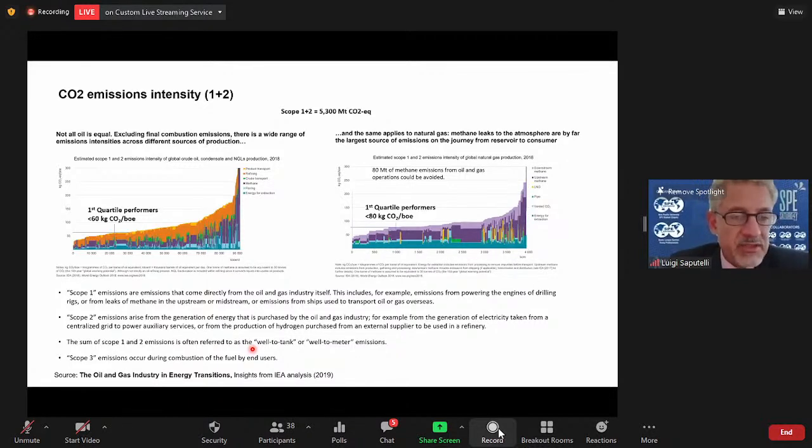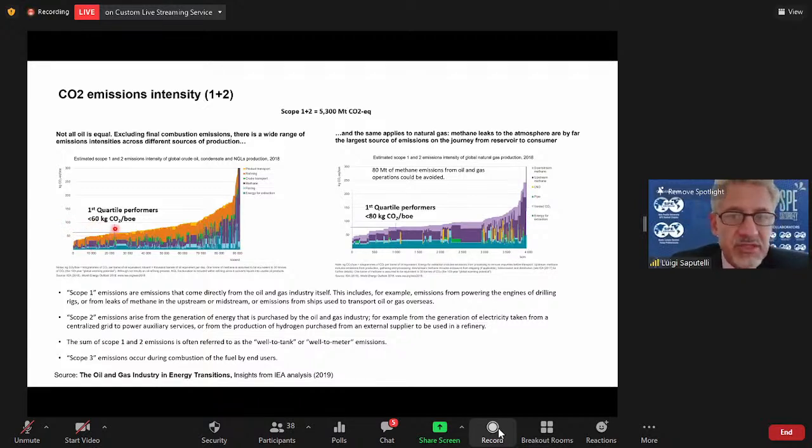If we see the plot on the left, this is the emissions per barrel of BOE for all the production that the world has today. So we're close to 100 million barrels per day. We can see that the top quartile performance will produce about 60 kilograms of CO2.